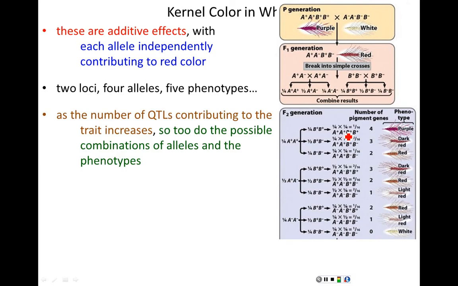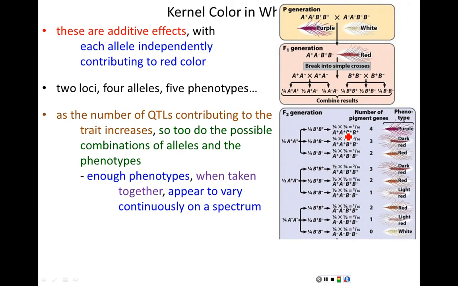As the number of the quantitative trait loci contributing to the trait increases, the simpler way to say that is as the number of genes that play a role in a trait increases, so too does the possible combinations of alleles, so too does the possible number of phenotypes.